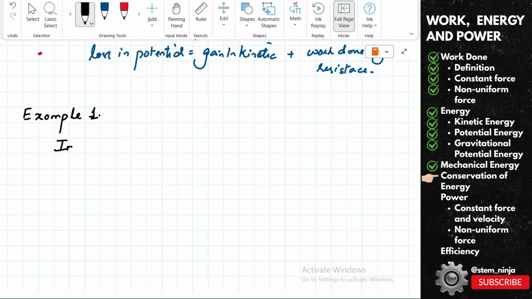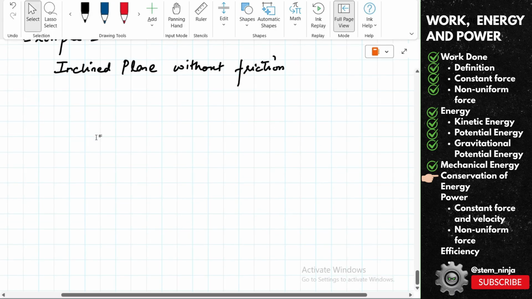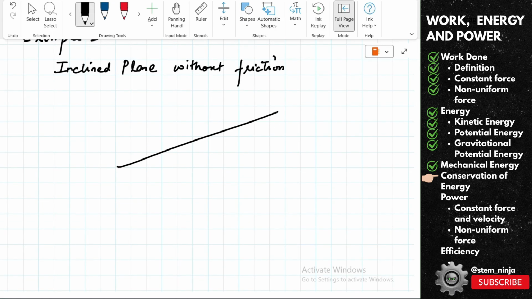This is the one example that we did not do in that video, and for the same reason, because I wanted to cover it in this one. So let's say you have an inclined plane without friction.